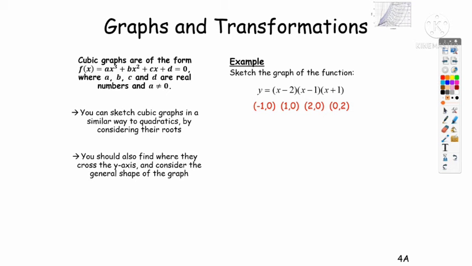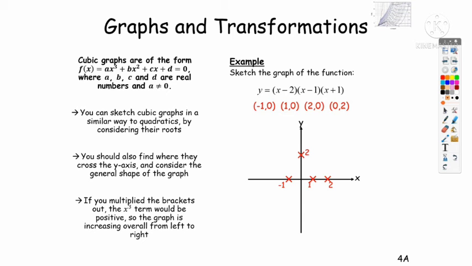So I've got 4 points that I know are part of this curve, plotted. If you multiplied the brackets out, you'd get the x cubed as a positive, so the graph is increasing overall from left to right. It's going to start in the bottom left, as a is positive, the coefficient of a, which I was telling you about earlier. That's how I sketch that one.